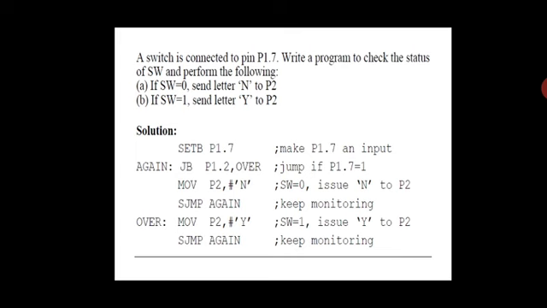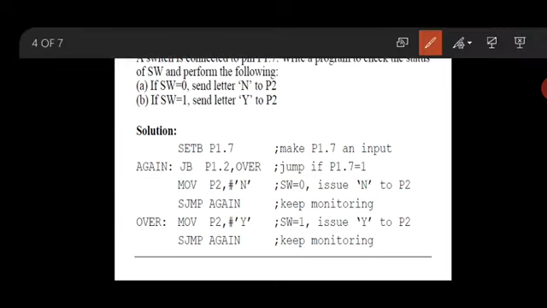If the switch is equal to 0, send the letter N to the P2 port. If the switch is 1, send the letter Y to the port P2. Means P2 will be set with N or Y, depending on the switch.